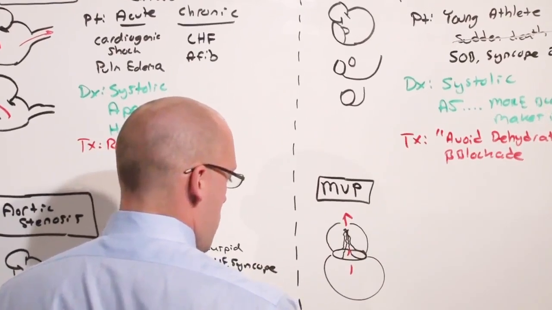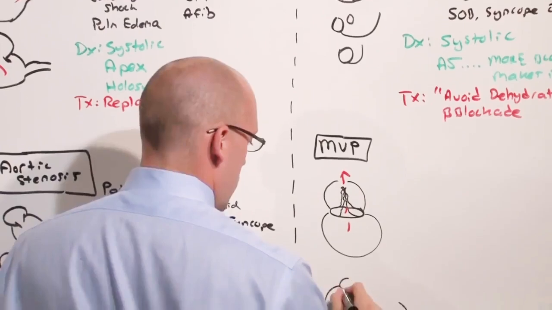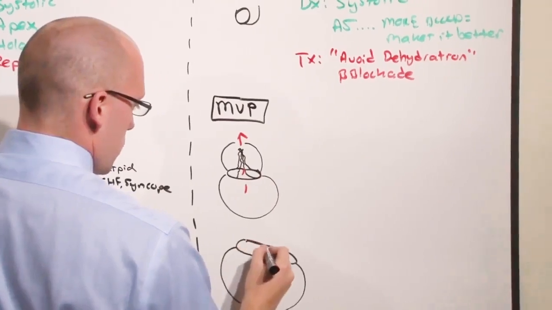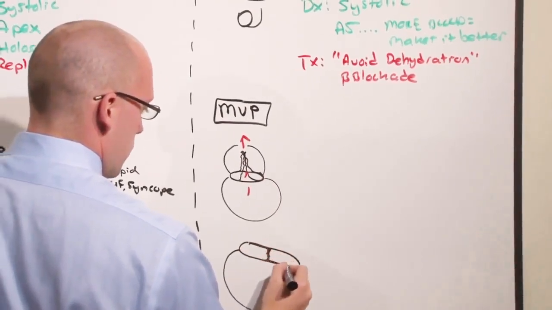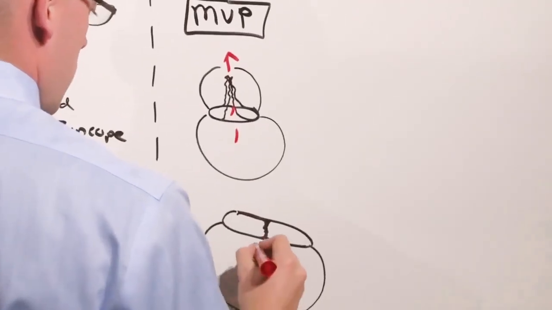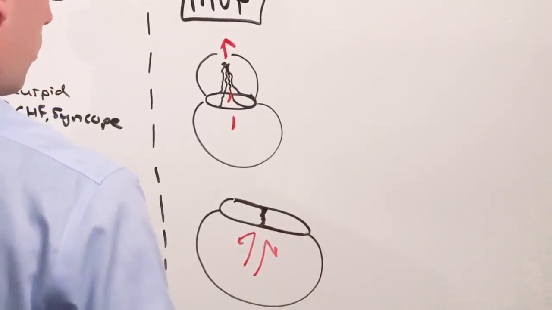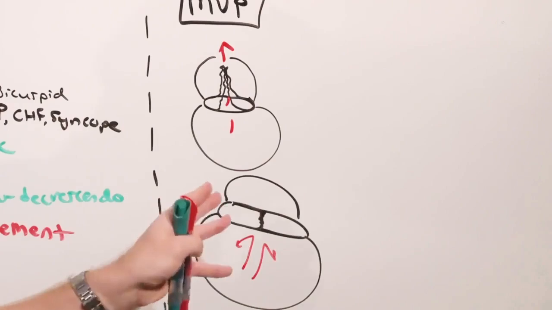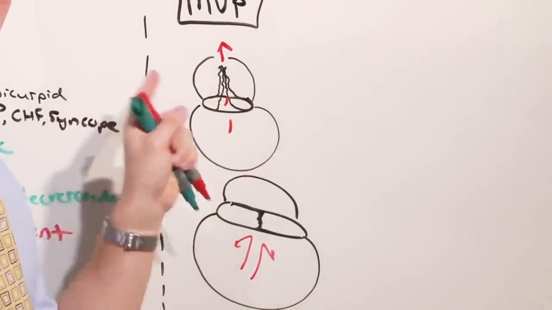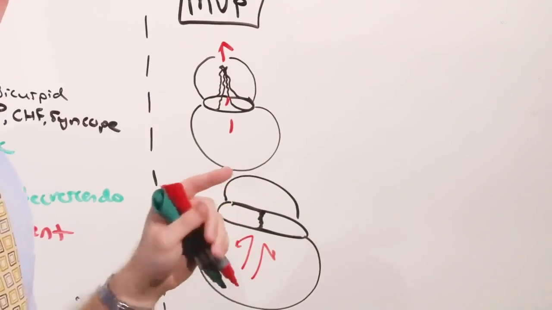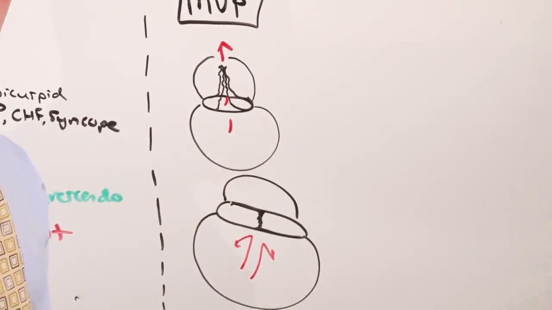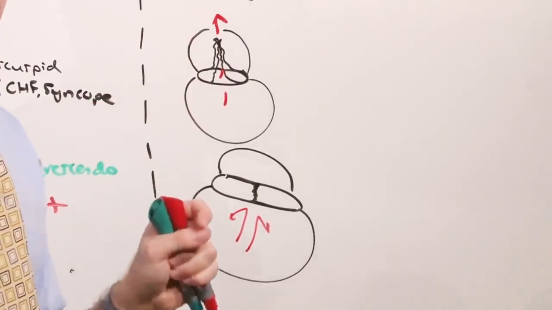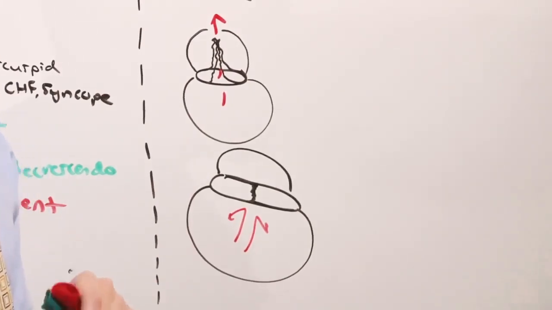If you make a bigger ventricle with a bigger valve area, these leaflets now have room to come together, and blood does not flow back through the mitral valve. I want you to see that this is blood going through the mitral valve during systole. So you might think this is mitral regurgitation. But mitral valve prolapse is mitral regurgitation that gets better with more blood in the heart.